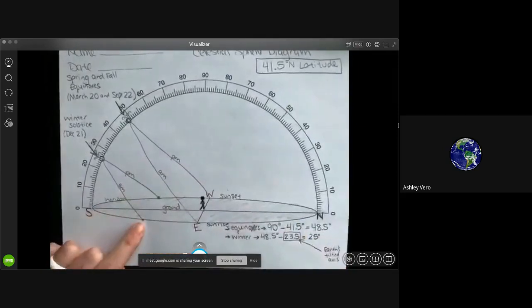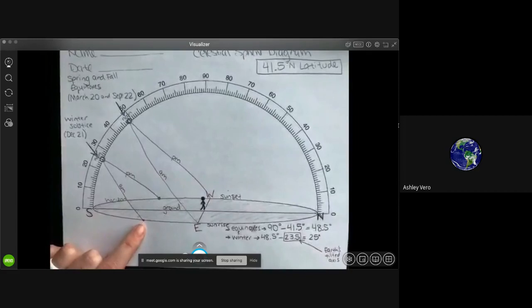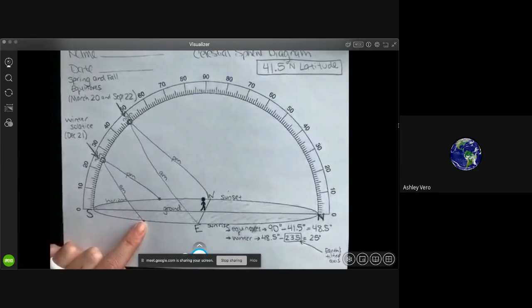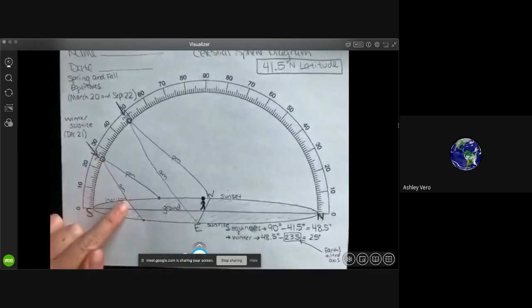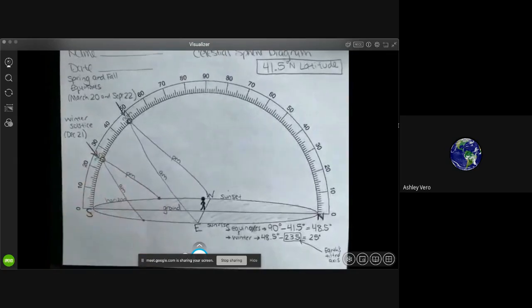Remember that this path only represents 9 hours of daylight. So this isn't going to be 6 o'clock. We could do the math to figure it out. I'm not sure off the top of my head exactly what time the sun would rise, but this would be noon. This would be 11 a.m., 10 a.m. This might be like 1 p.m., 2 p.m., 3 p.m., and so on. Remember, it's usually dark by 5 o'clock in the winter time. So that's our winter path.